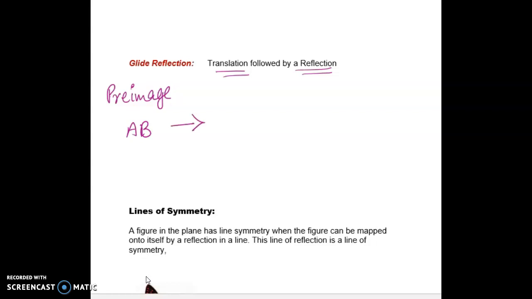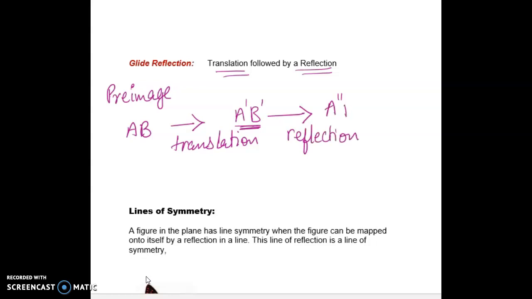First, we will go for translation. And once the translation is done, this will be our new image. And this new image will go for reflection. And finally, we will get our post image.